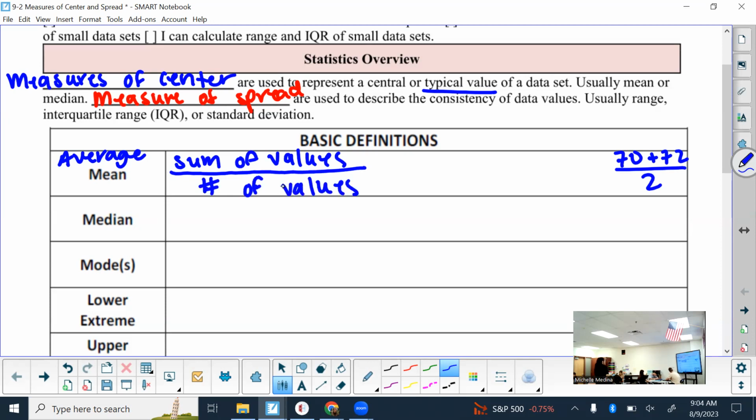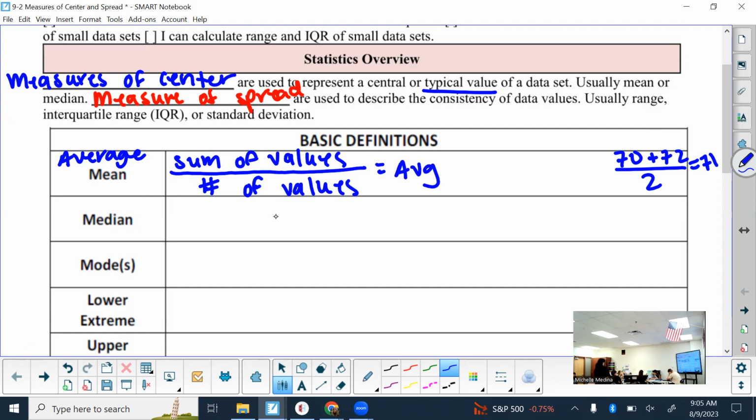So when we took the average of the 2 numbers in the middle, we added them together and divided by 2 because it was just 2 numbers, and that's how we got 71 earlier in the notes. So 70 plus 72 is 142. Divide out by 2, you get 71. And that would give you your mean / your average.